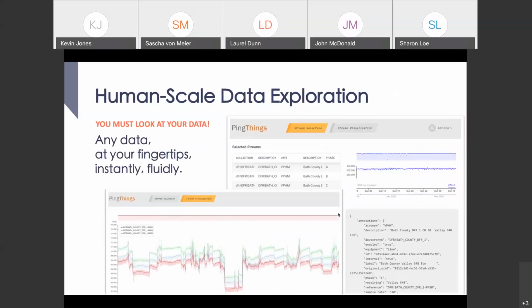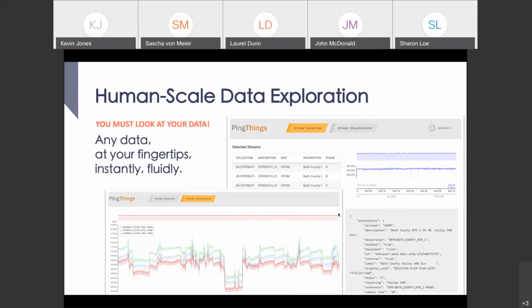Something else that you'll get a really nice taste of on the NI for AI platform is the interactive human scale data exploration. So I like to think of it as Google Maps for time series data. There's a very intuitive zooming and panning that is really great for analytics workflows.